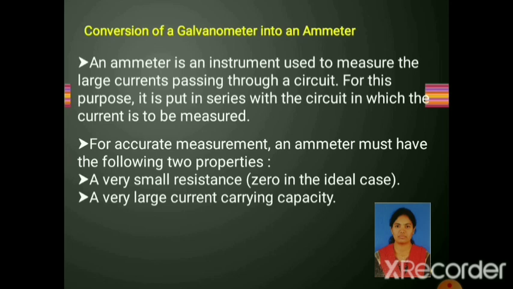For accurate measurement, an ammeter must have the following two properties. It must have a very small resistance, in an ideal case 0, and a very large current carrying capacity.